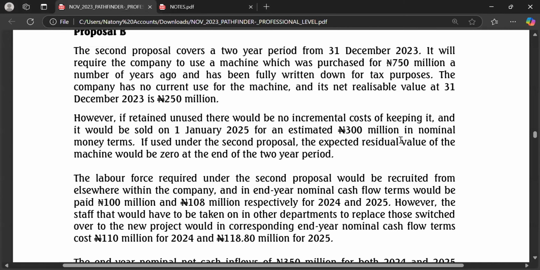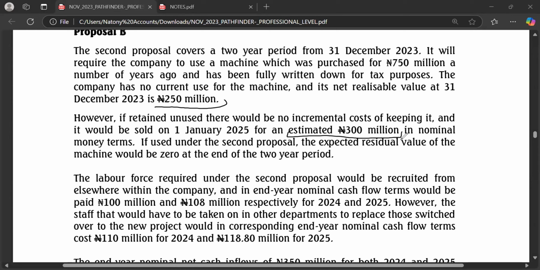The cash flow at the end of the year is supposed to be the same as the cash flow at the beginning of the year. So if we have 250 as at December 31, we also expect the cash flow as at January 31 also to be 250. Okay? So that is the ideal situation.